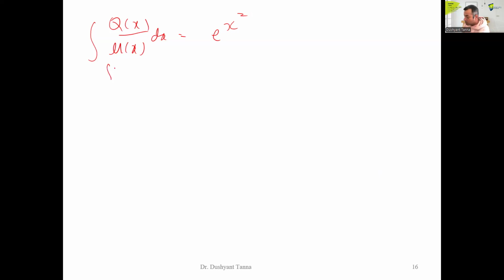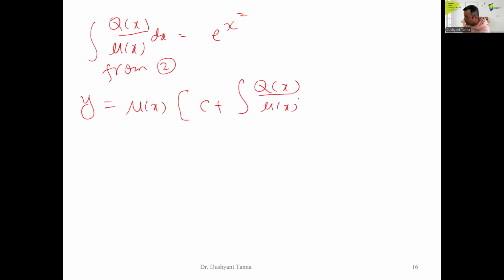Now from equation 2, the solution y was mu(x) bracket c plus integration of q(x) over mu(x) dx. Mu(x), which is 1 on x, times c plus e raised to x squared.